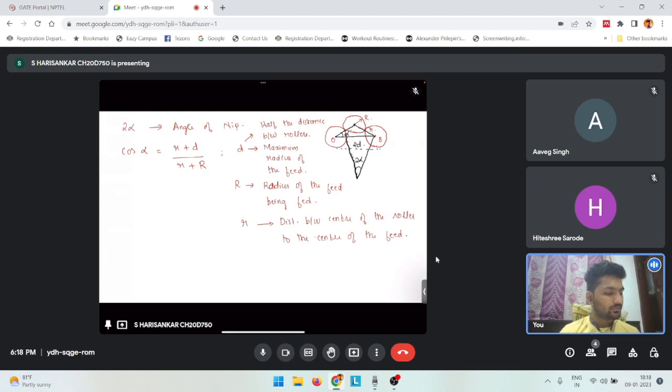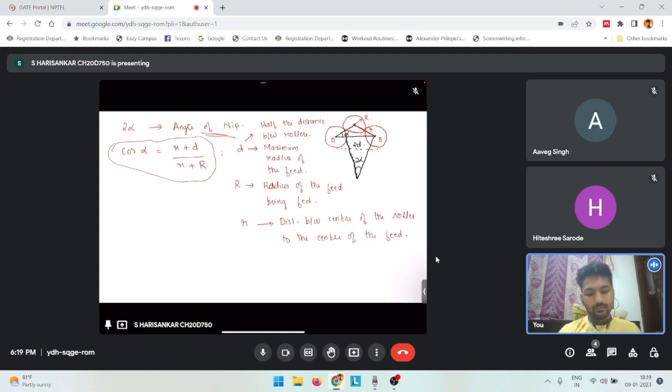So you get a relation like this: cos alpha is equal to (r plus d) by (R plus r), which is basically the principle of adjacent side by hypotenuse, where 2 alpha is called the angle of nip.